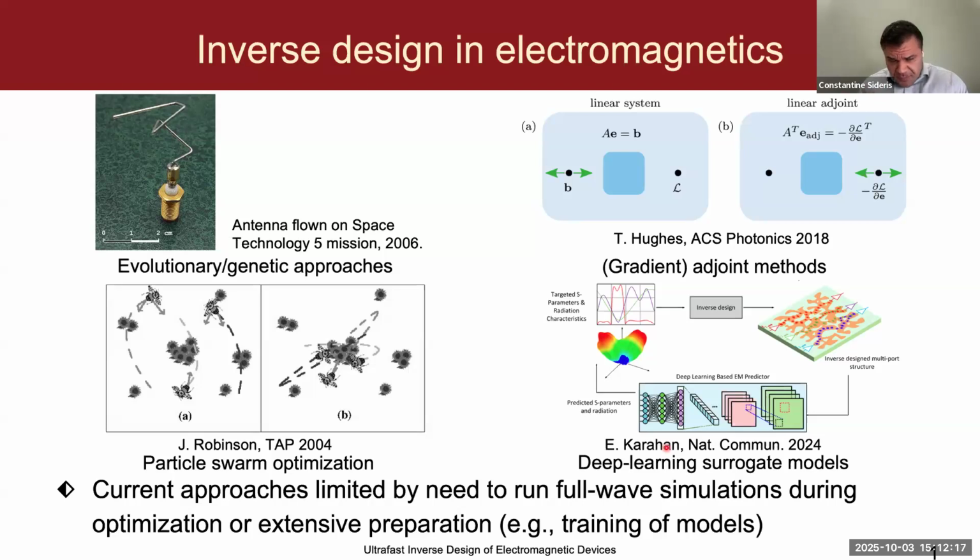And furthermore, they are black box models, which means that there are no guarantees that once you have trained the model, every possible geometric input, basically every candidate design that you present to this model, will yield the correct solution on the output, that it will match with the original full wave solver, essentially be the true solution to Maxwell's equations for the device that you presented.